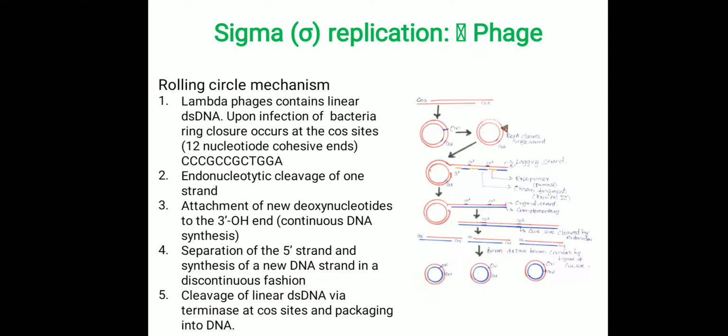Next, the attachment of new nucleotides to the 3' OH end will form the continuous DNA synthesis. The separation of the 5' strand and synthesis of the new strand happens in a discontinuous fashion. So here the 5' strand is extending out. In this way, this is considered the lagging strand, and RNA primers will form, and Okazaki fragments, small pieces of complementary DNA, will form. Next, additional proofreading polymerase enzymes will come, remove the RNA primers, and form the continuous double stranded structure.